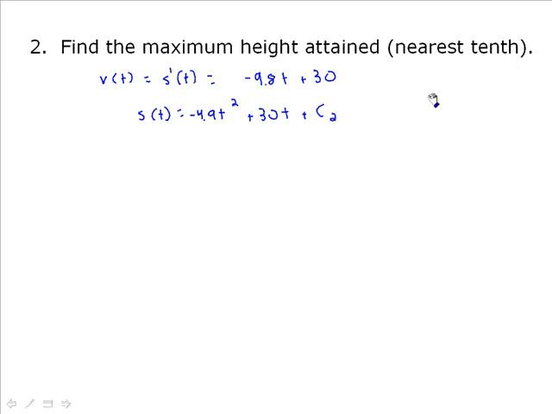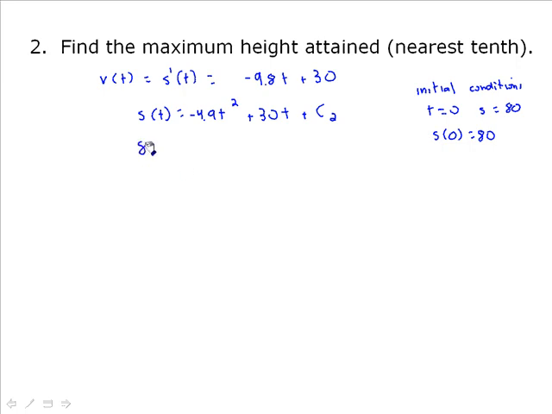And if you go back to the original question, at t equal to 0, the position is 80 meters, height of 80 meters. So therefore, s at 0 is equal to 80.